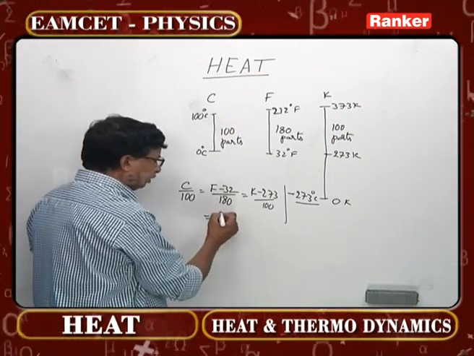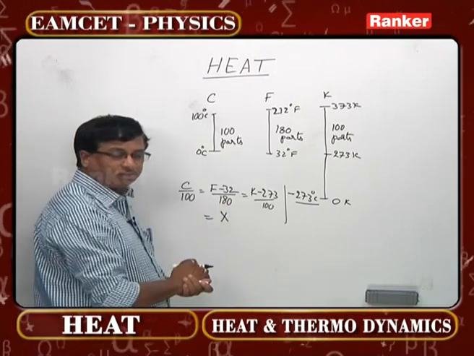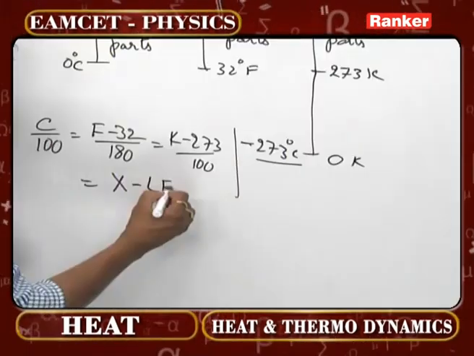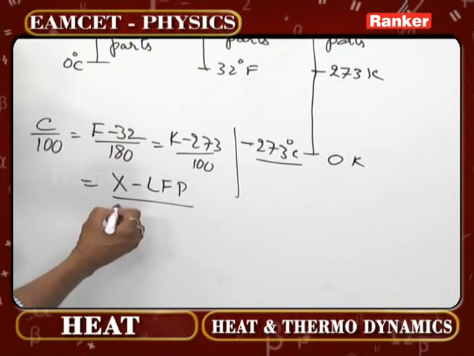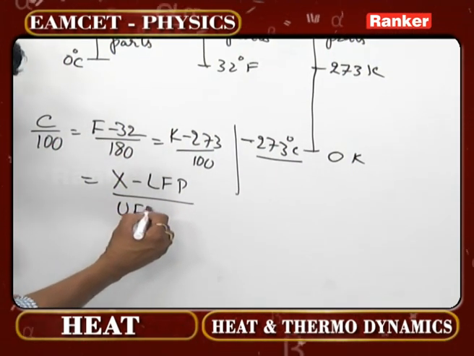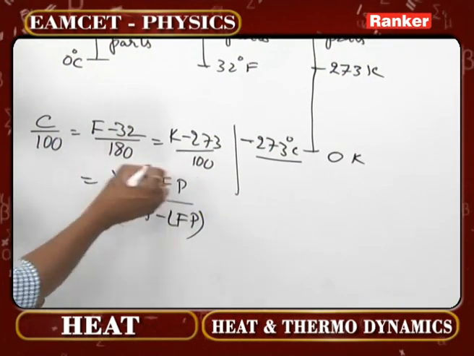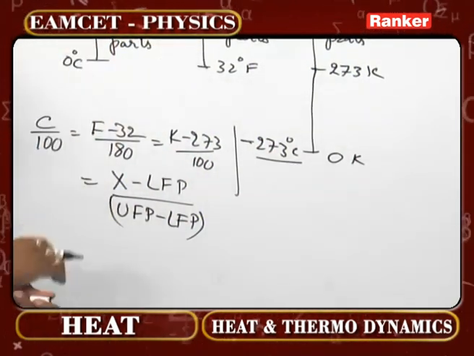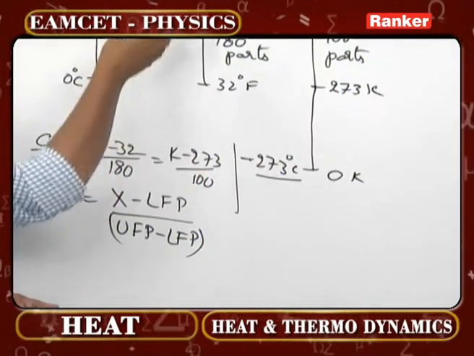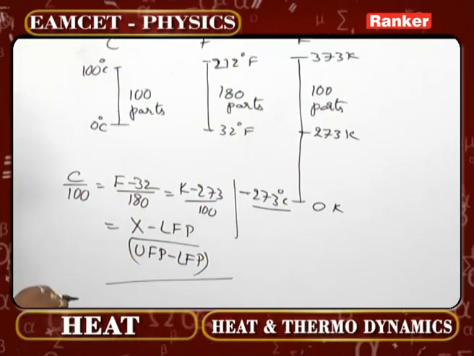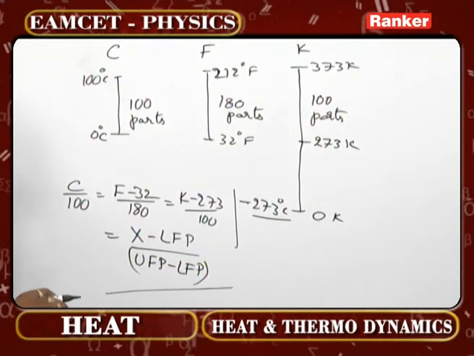If I consider that faulty scale as the X scale, then X minus lower fixed point divided by upper fixed point minus lower fixed point, where this difference gives the number of parts made between the minimum and maximum values. This is one formula you need to remember before entering into the applications.